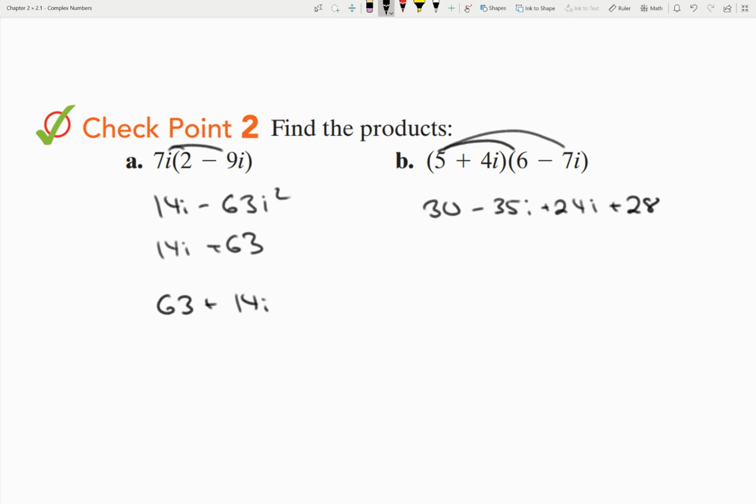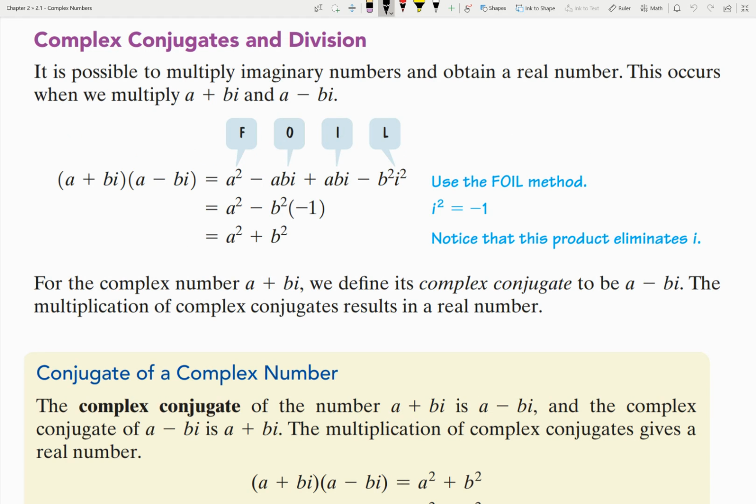So 30 and 28, the real parts, give me 58. And negative 35 and 24 give me a negative 11i. So distribute, i squared changes to negative 1.